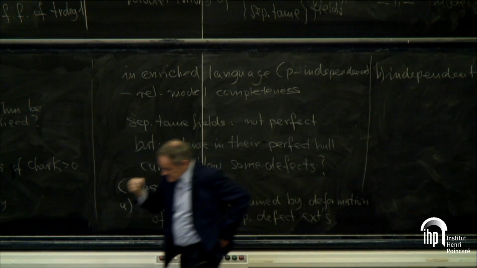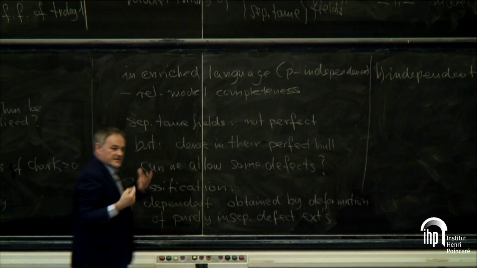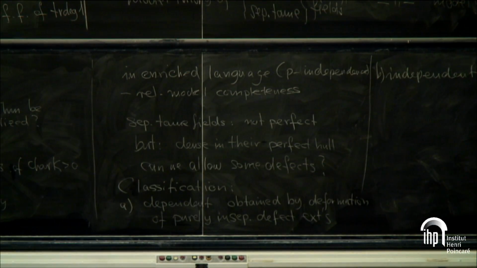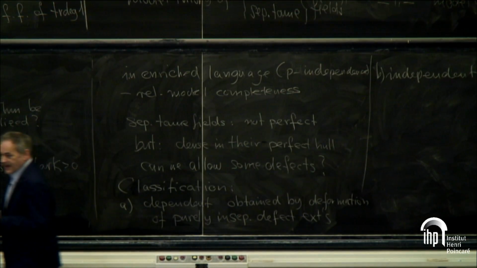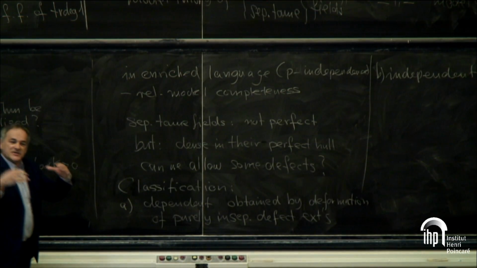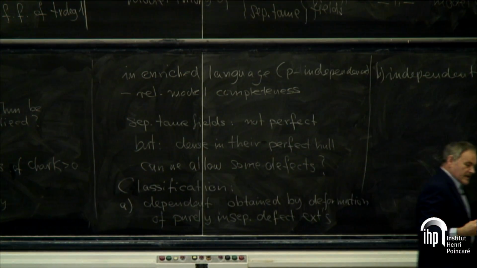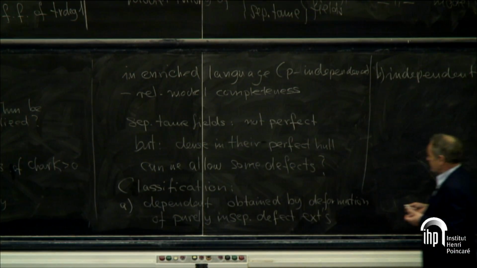So I will not write the next thing down because I want to save a bit of time here. There are indications that the dependent ones are the bad guys, and the independent are much easier to handle. Indications are Kuhlmann-Temkin's inseparable local uniformization, because what he does is alteration by purely inseparable extensions of the function field, and these kick out those dependent defects that matter in that function field.